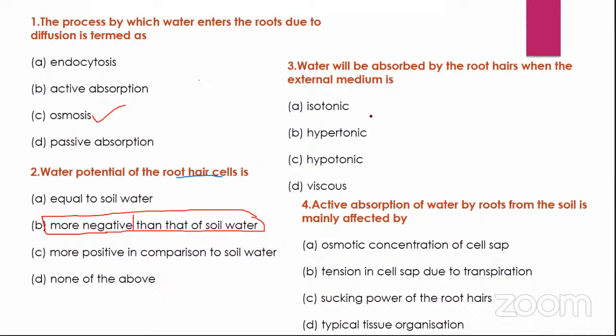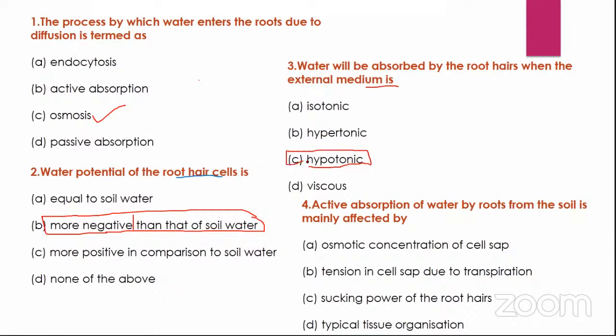Then number 3 says, water will be absorbed by the root hairs when the external medium is... So you find that water is going to be absorbed by the root hairs when the external medium is hypotonic.